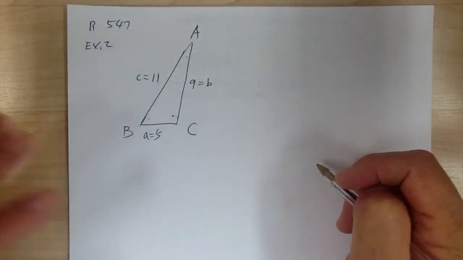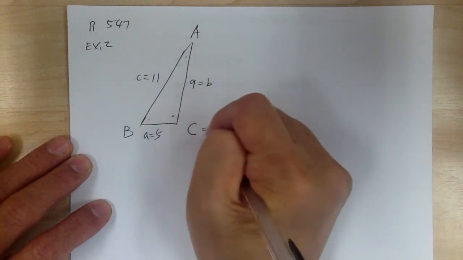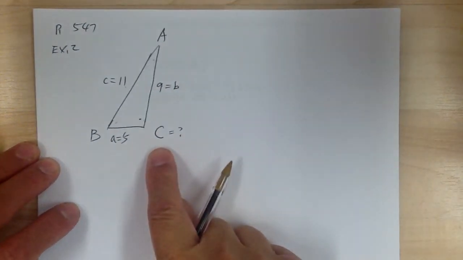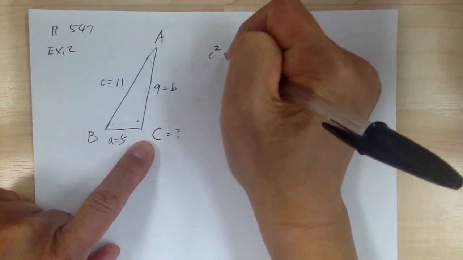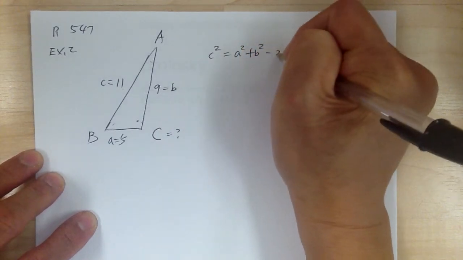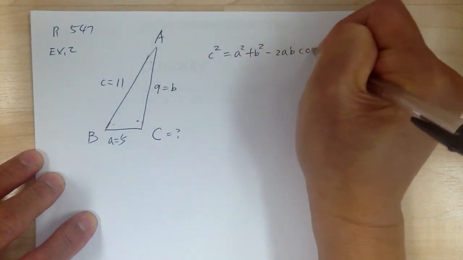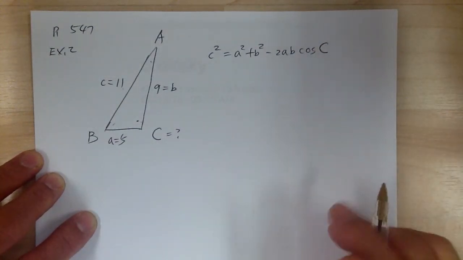Okay. So again, write down your equation. Now, since you're looking for angle C, that means you have to start with the letter c. So you have to use this formula. c squared equal to a squared plus b squared minus 2ab cosine of C. Again, substitute everything in there.